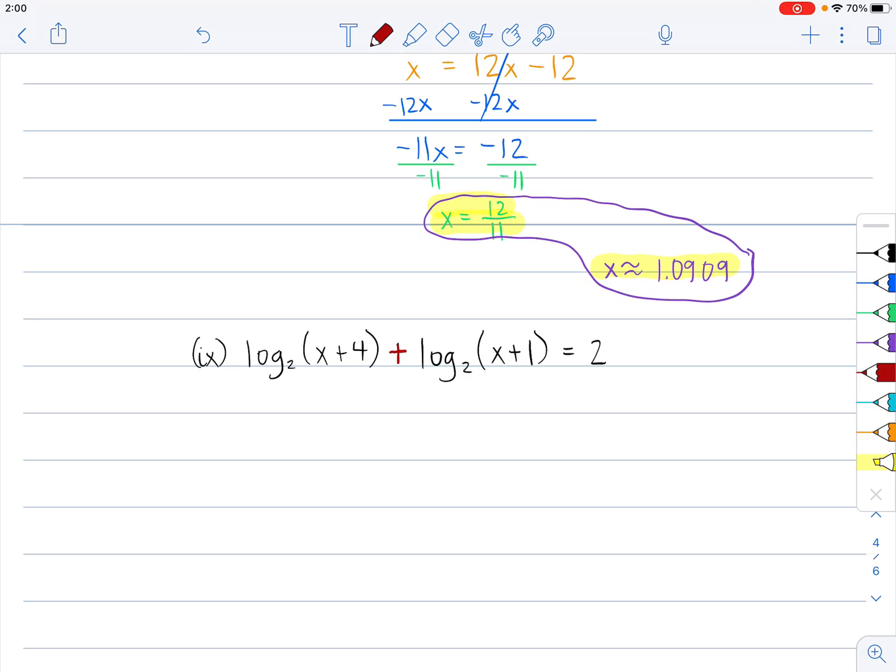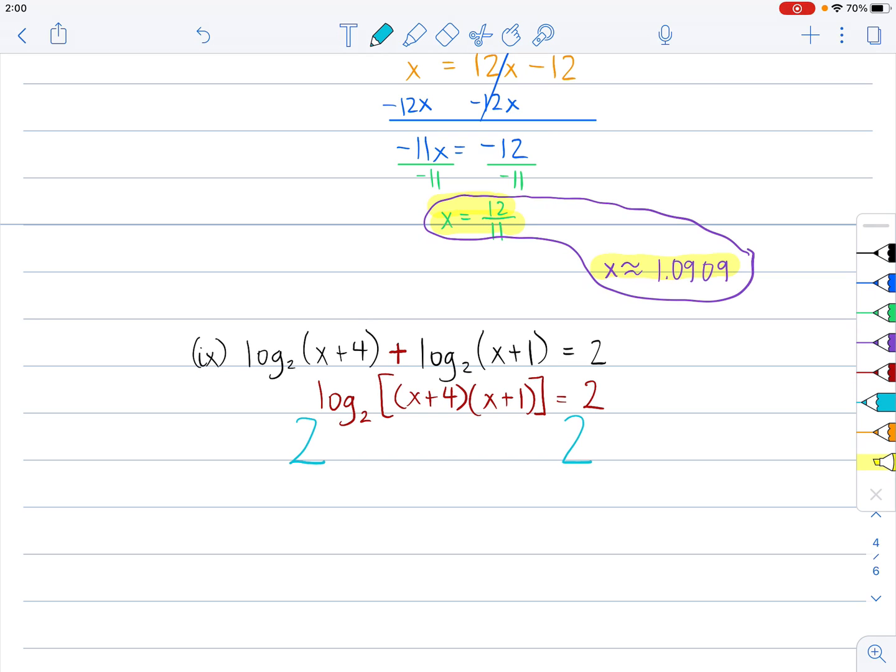So, again, when you have a number floating around on the outside, this tells me I need 1 log equal to 1 number. I know from the properties of logs that addition outside is multiplication inside of 1 log. So x plus 4 times x plus 1, all inside of 1 log base 2. That's equal to 2. Once I have 1 log equal to 1 number, then I am ready to base both sides.